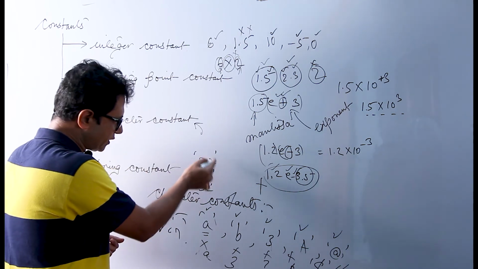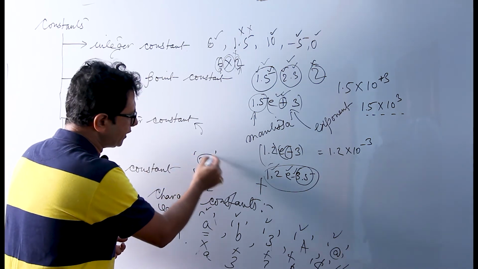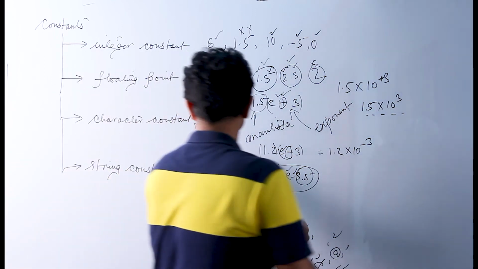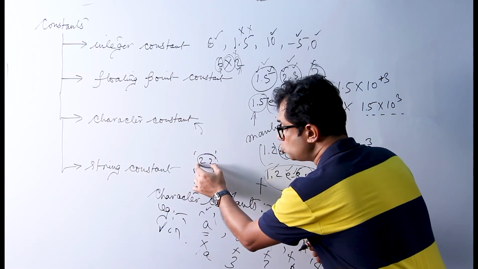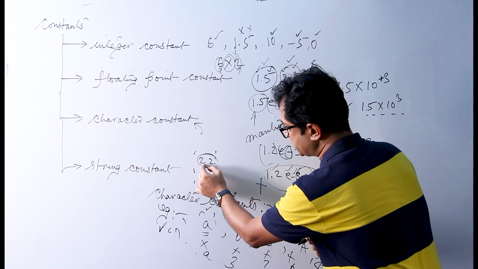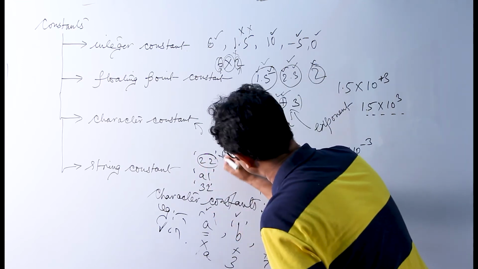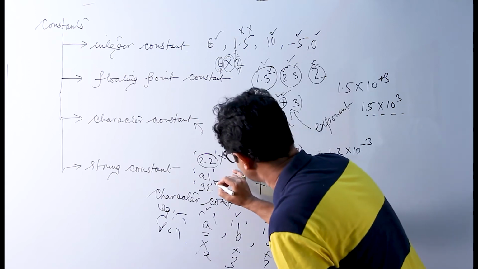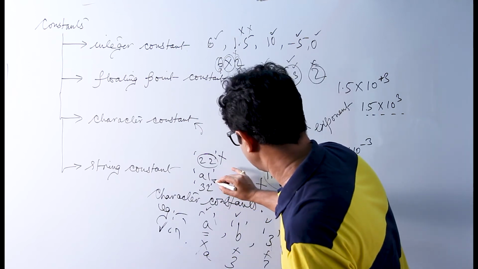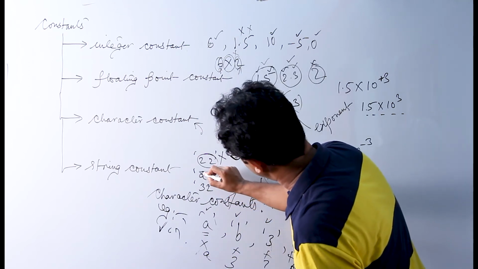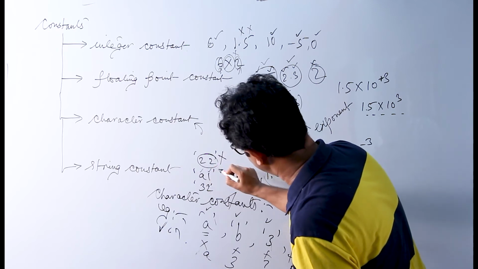So let's see whether it is an integer constant. It is not an integer constant due to the fact that it contains two characters. That is, twice the 2 has been written. So that's why it is not an integer constant. It's an invalid one. This is, I think, what we have written over here, A1. So A1 also contains two characters placed within single quotes.